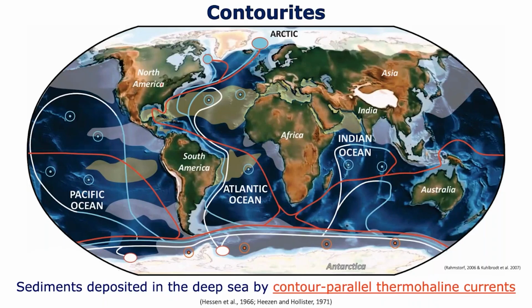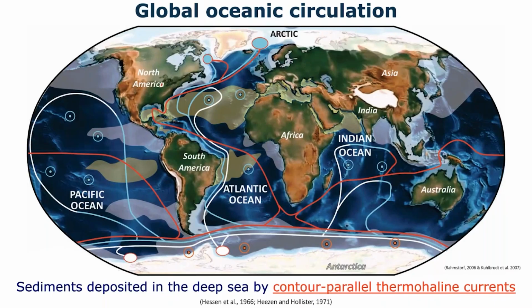And here you can see the modern-day global oceanic circulation, the thermohaline system. That is very weak in general; the average is less than 5 centimeters per second. When you go to the western side of the ocean basins, it's higher, it could be 10 to 20 centimeters per second, but again, it's very weak.